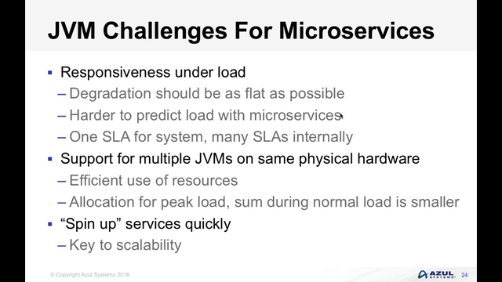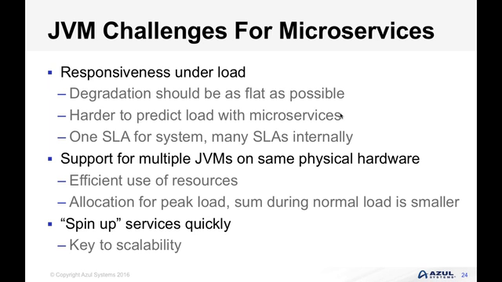But the problem is that we then have SLAs internally. So we have SLAs between the different components, different services that build up our application. So we need to make sure that when we have multiple JVMs, multiple services, the system will respect the way that things are going to work.